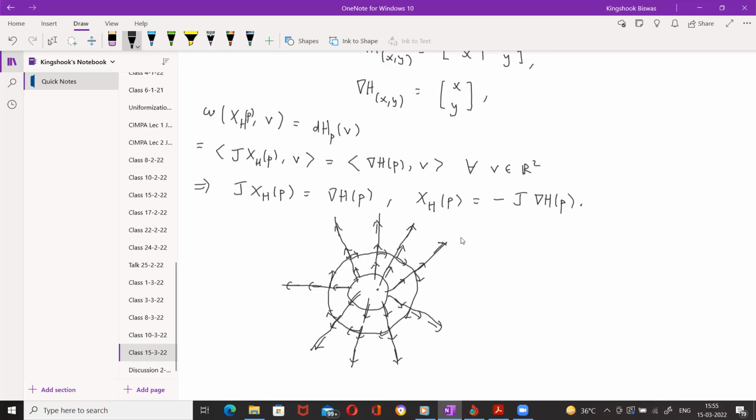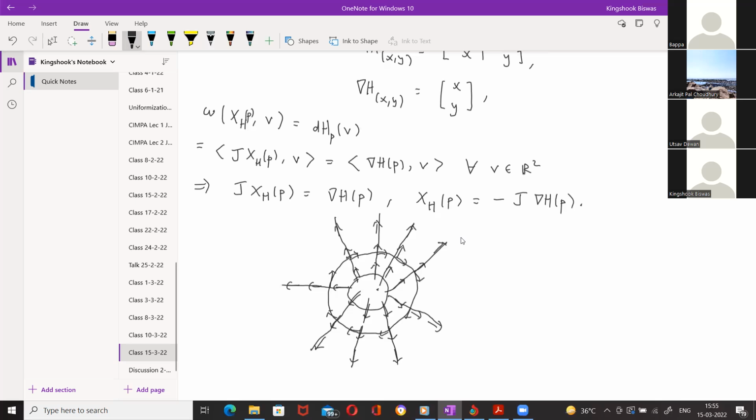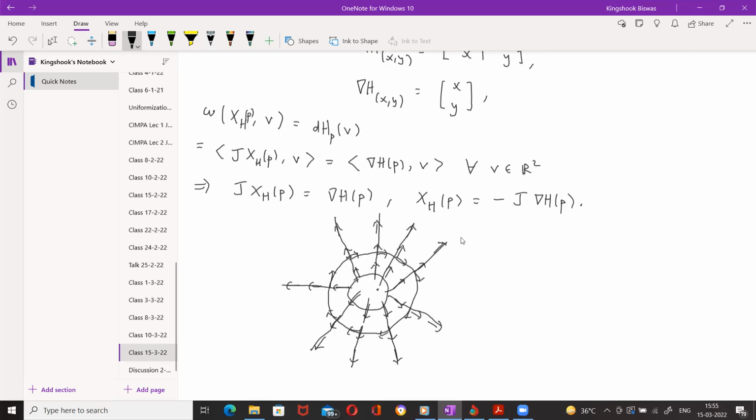At least if you look on a compact manifold, gradient flows will converge to maxima of the function, whereas Hamiltonian flows will be recurrent on a compact manifold. Do you understand the difference? Yes. Okay, good.